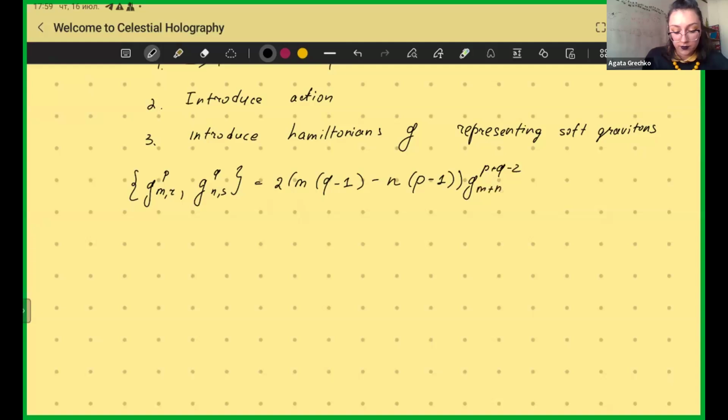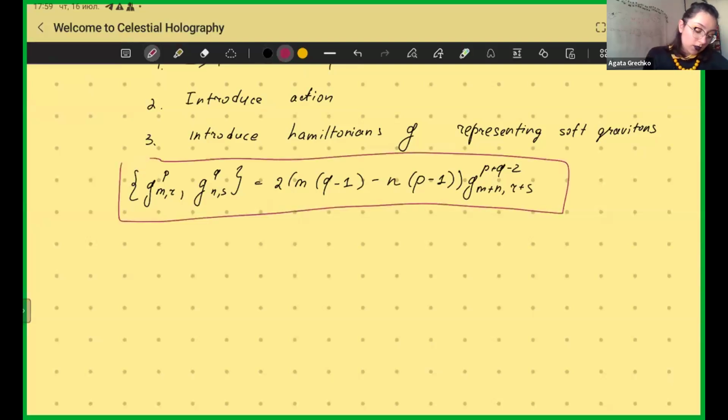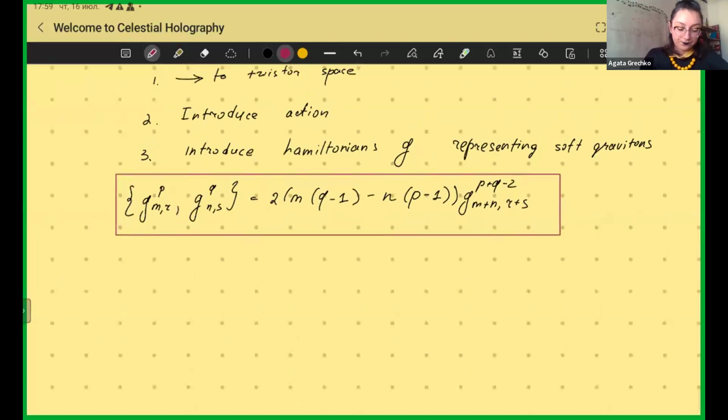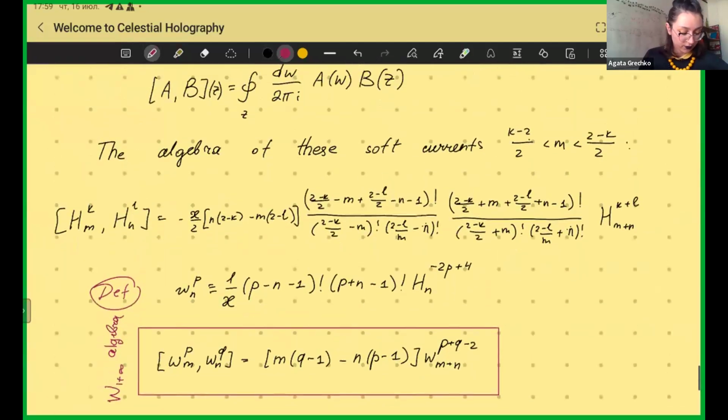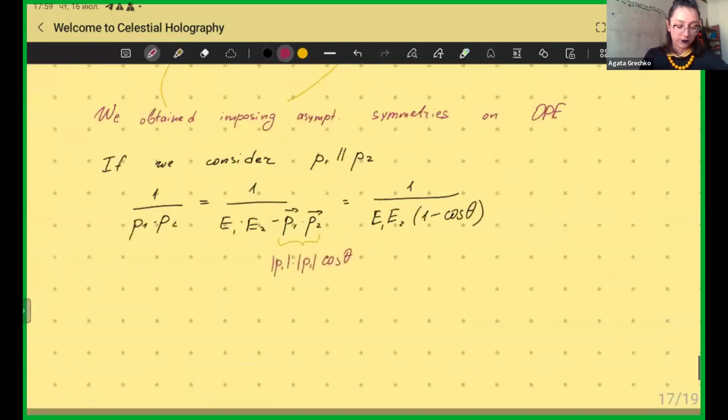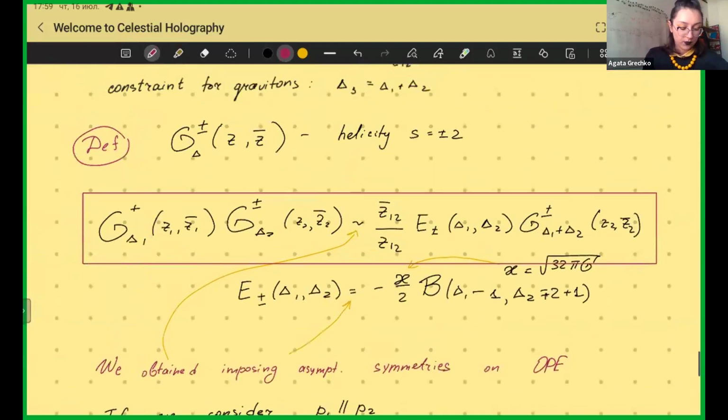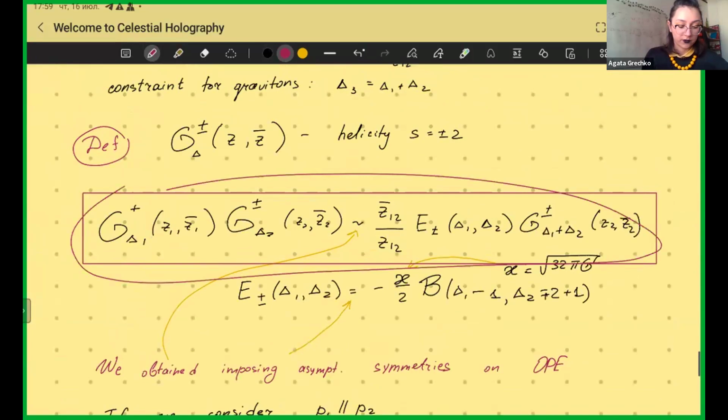So this algebra here is not just some random consequence of our analysis of some asymptotic symmetries, right? Of the form of the graviton OPE.